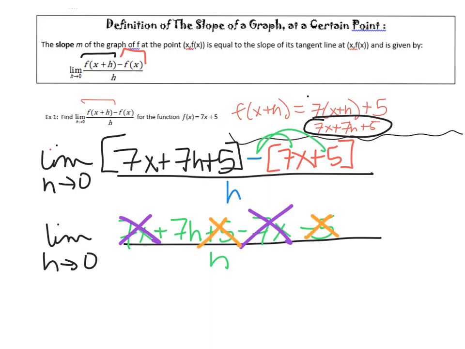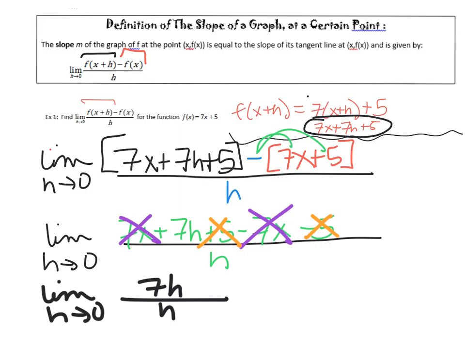And I'm left with my limit as h approaches 0 of 7h over h. And in this case, your h's will cancel, which means you have limit as h approaches 0 of 7. And since there is no h left in here for you to substitute in, your answer is just going to be 7.